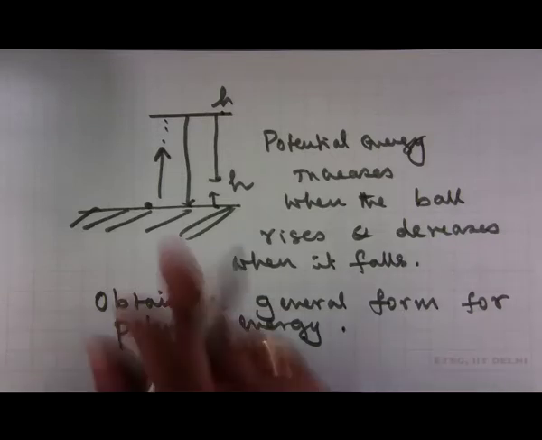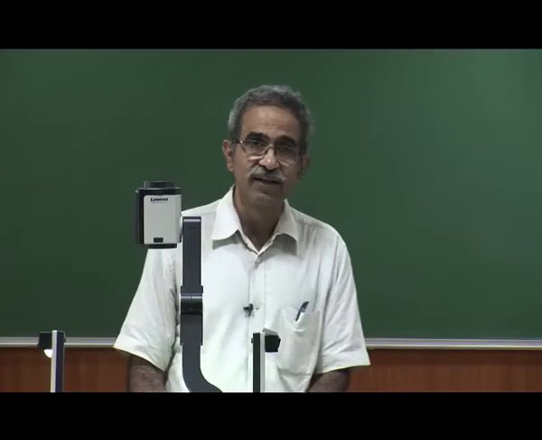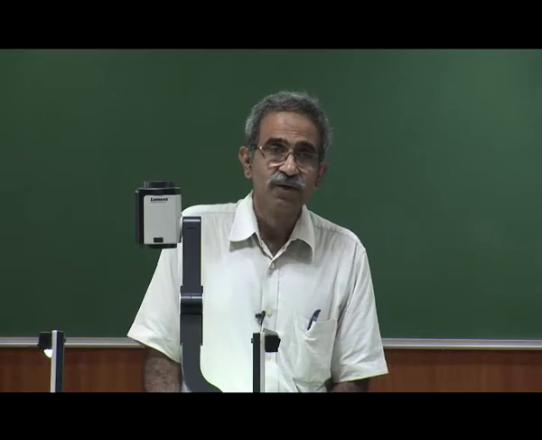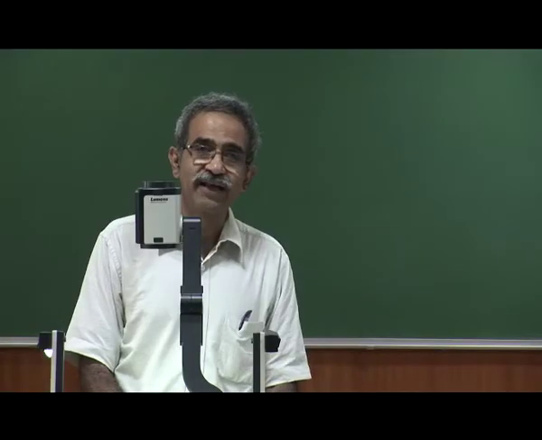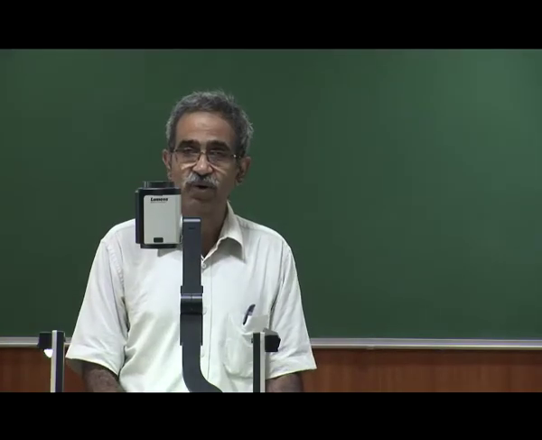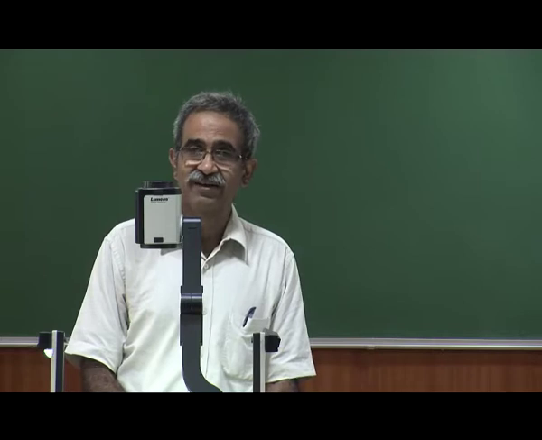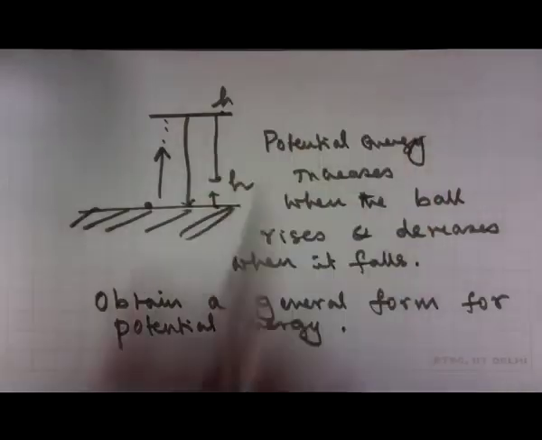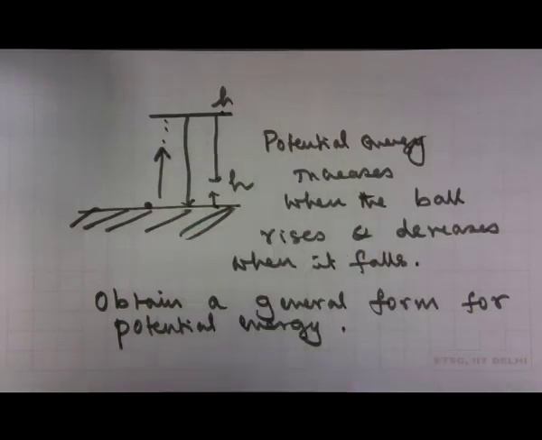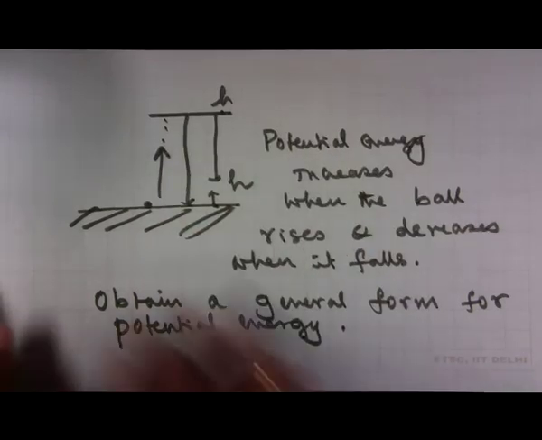Because when you look at the freely falling body in the Earth's gravitational field, we make the assumption that this height is very, very small compared to the radius of the Earth, and therefore we take the gravitational force to be practically constant. The acceleration due to gravity is a constant. It does not change with the height at which it is from the surface of the Earth. So we want a general form.